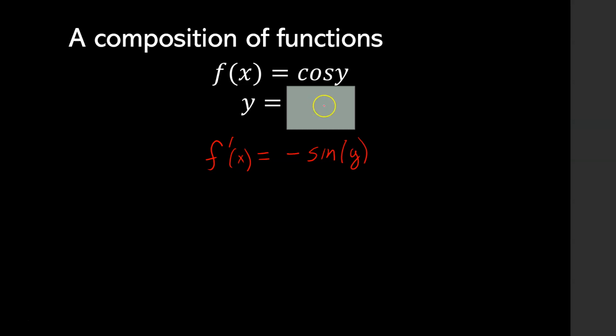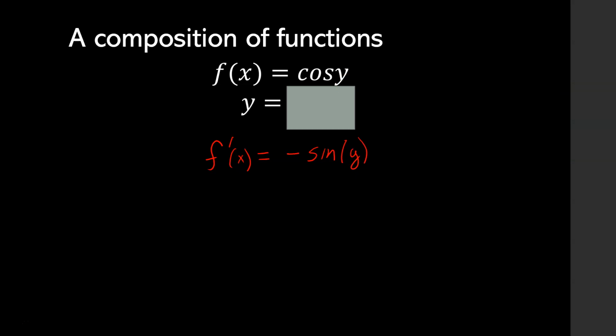Like there's some version of x hiding underneath here. And so, since this y must be another function, we treat it like we would x squared. If y was x squared, we'd write negative sine of x squared times 2x. And if y was tangent, we would have written negative sine of tangent multiplied by secant squared of x.